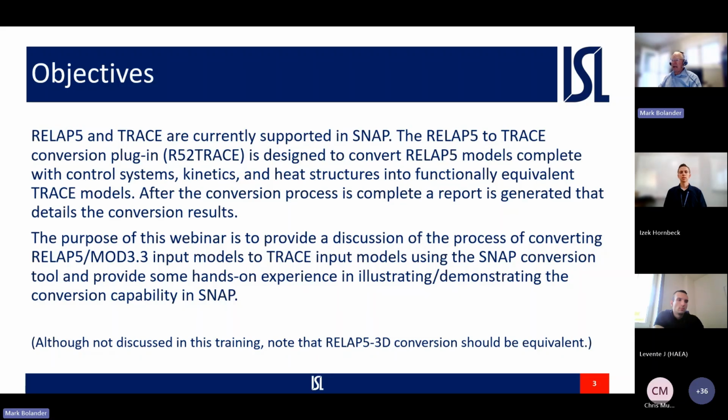This is supported in SNAP using the R5 to TRACE conversion plug-in. This plug-in is designed to convert RELAP5 models, complete with control systems, kinetics, and heat structures, into functionally equivalent TRACE models. After the conversion process, a report is generated that details the conversion results, which can be very useful in resolving any issues in your model.